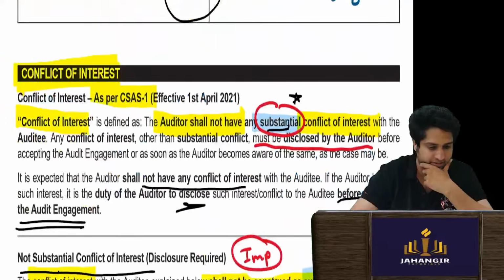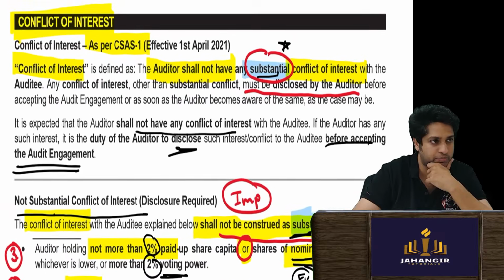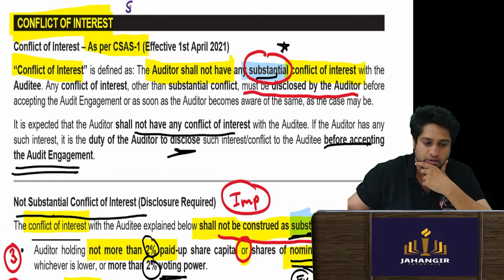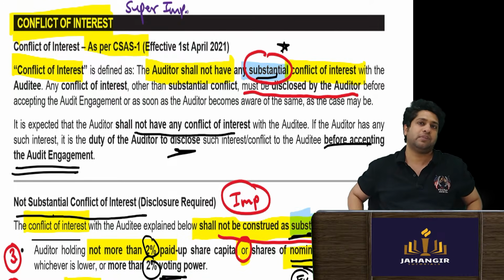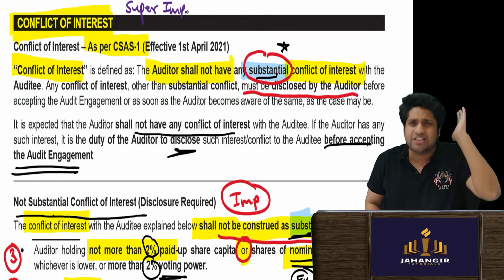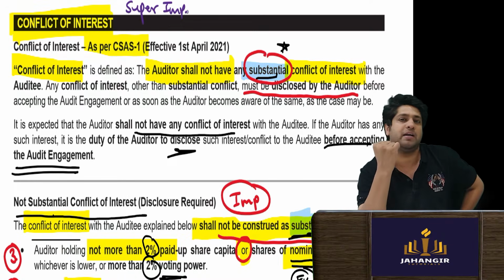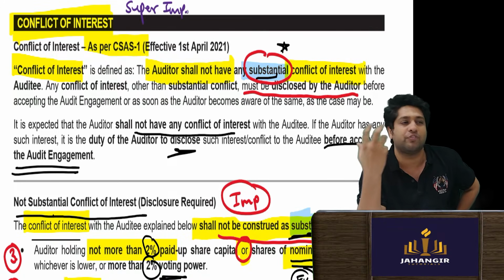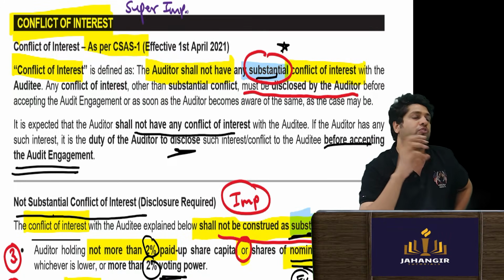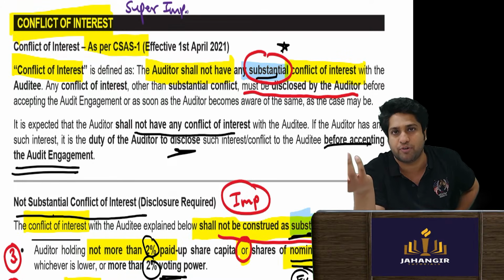Repeated everything again. Conflict of interest, very simple and super important. What does it mean? I told you one of the main reasons to reject the audit is when our independence is being affected, or our conflict of interest is there. Now, if I am holding one share, can it also be said that I have a conflict of interest?